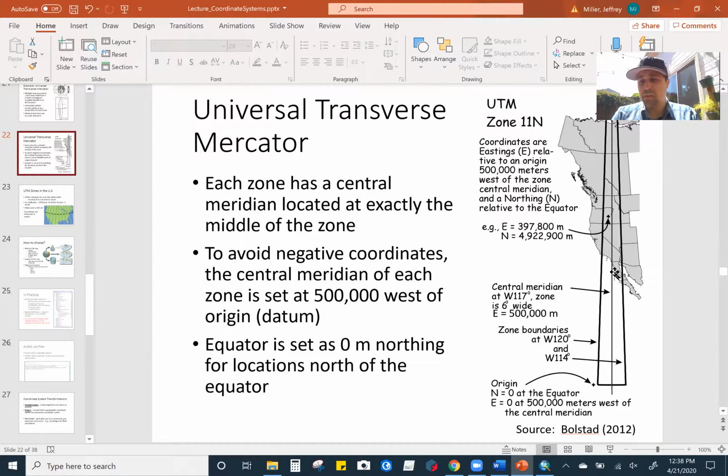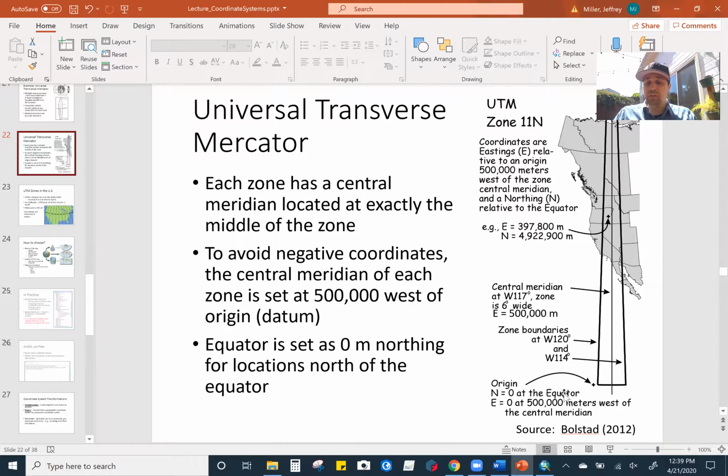What's important with that is we still have to have an origin, which is a 0, 0. And every single zone has its own origin. The origin is going to be, see this little X there. Again, your datum, in this case for UTM zone 11 north.